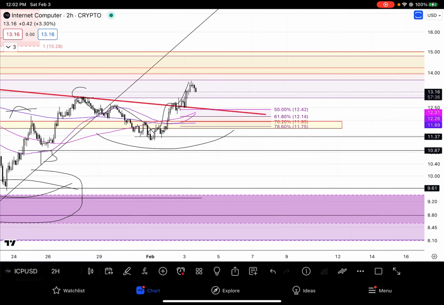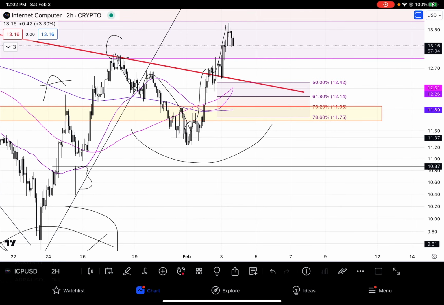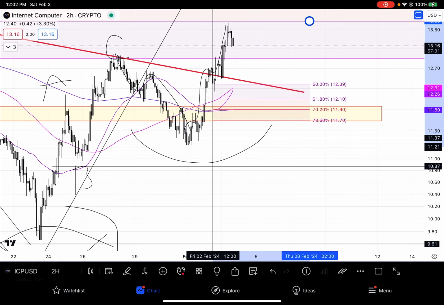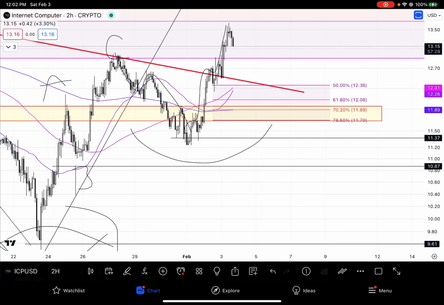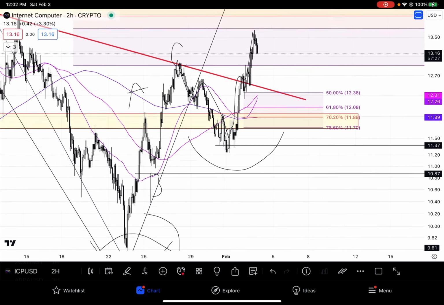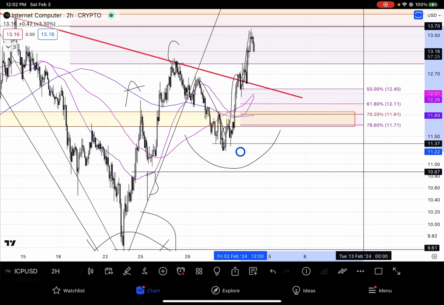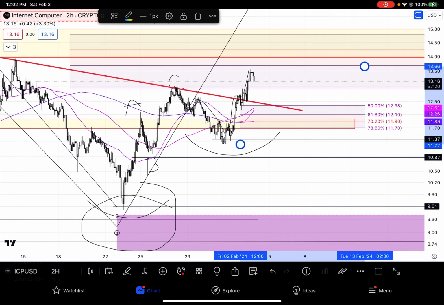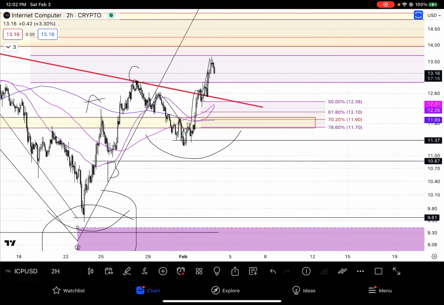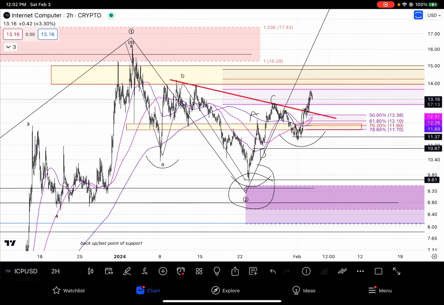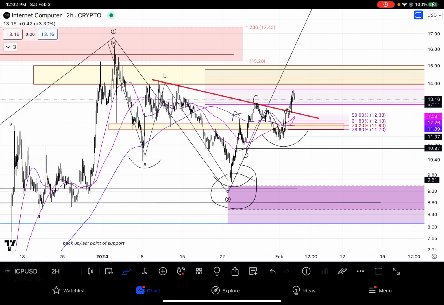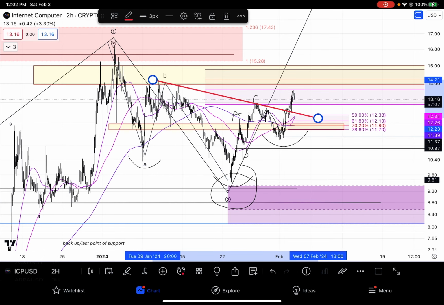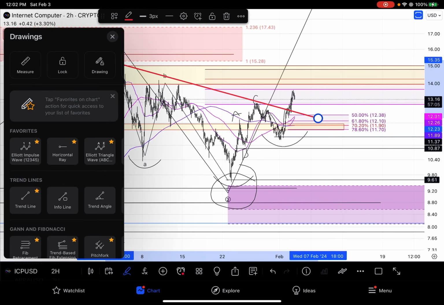Come to your chart, take a fib from this low over here up to this local high. These levels over here would be your buy targets. But I want to make you aware that if you lose 1190 and 1170, there's a possibility that instead of this being an ABC correction, it actually just forms a fake out.